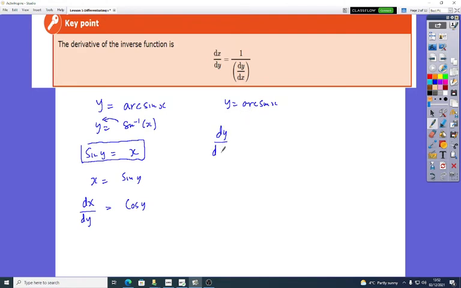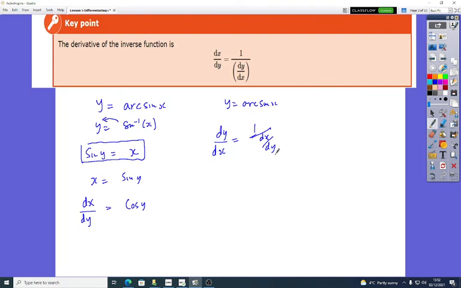Okay, dy dx. Now with my rule, I know that I can use this rule, 1 over dy dx, sorry, I want dy dx, so I need to use the right notation. That's going to be 1 over dx dy.